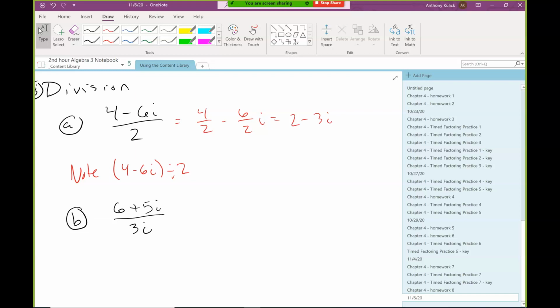So the way we fix this is we're just going to multiply the top and bottom by i. What effect is that going to have? Well, the i distributes to the numerator, and it just multiplies to the denominator. So I have 6i plus 5i squared over 3i squared. And remember, the i squareds we can replace with -1.